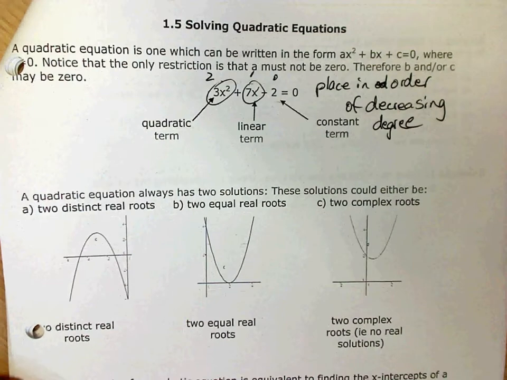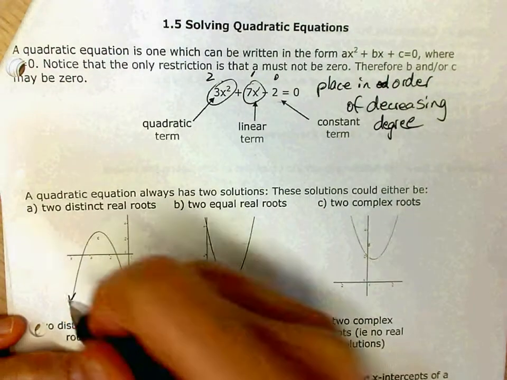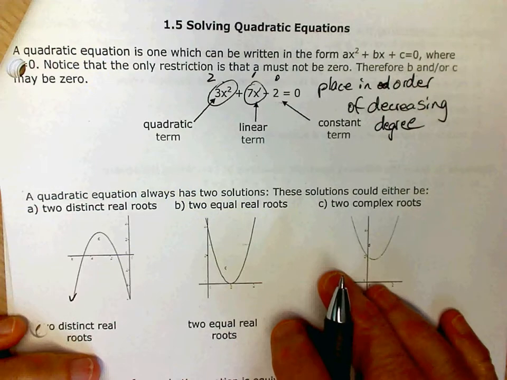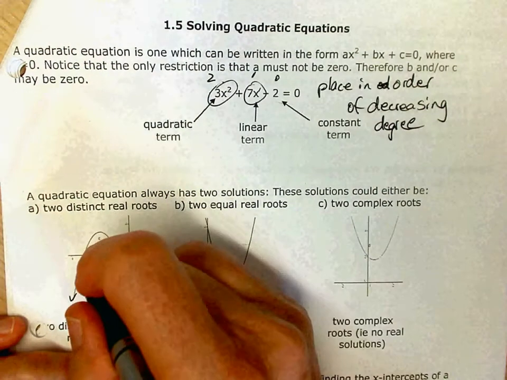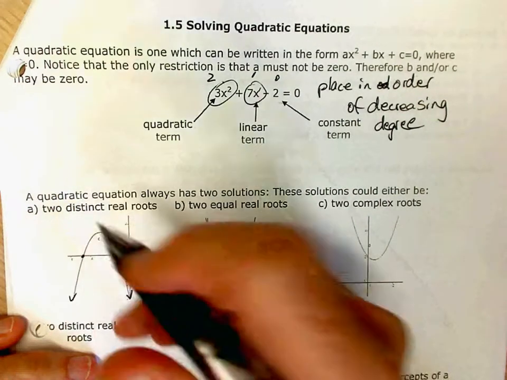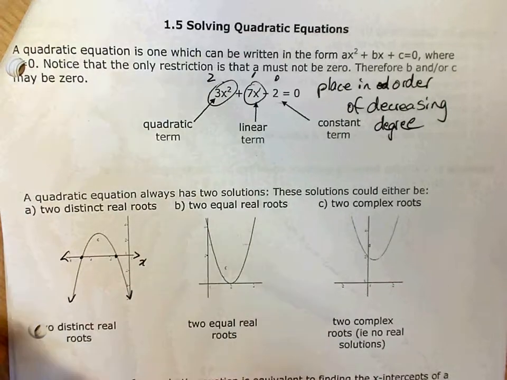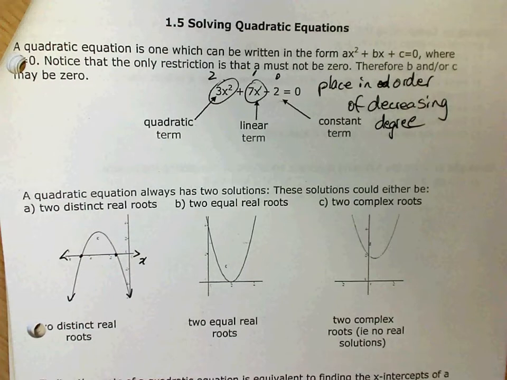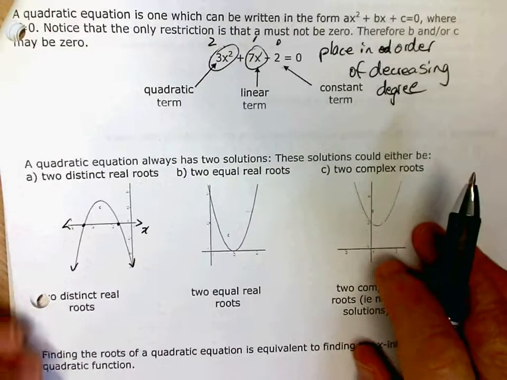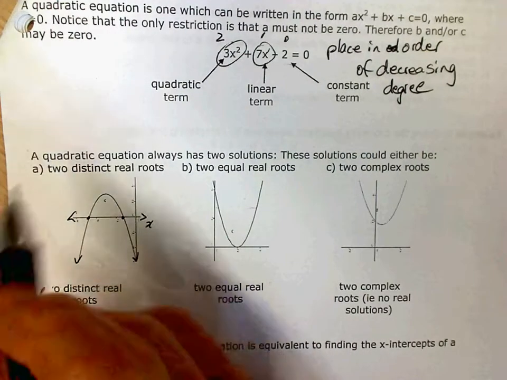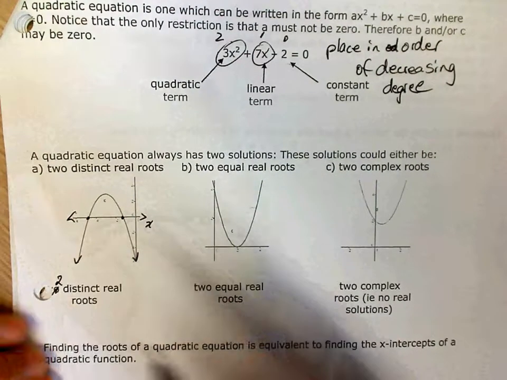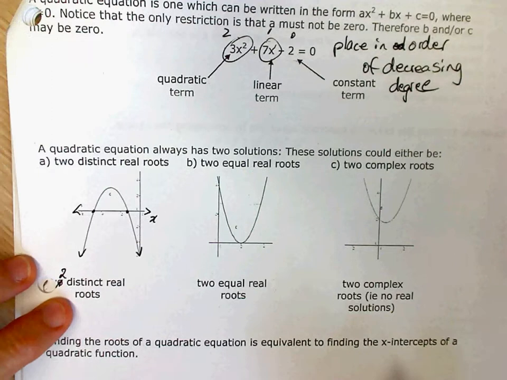When it says solve a quadratic equation, basically what they're asking you to do is find the x-intercepts, right? The x-intercepts are where the graph crosses the x-axis. So you have three possibilities. You have two distinct real roots.